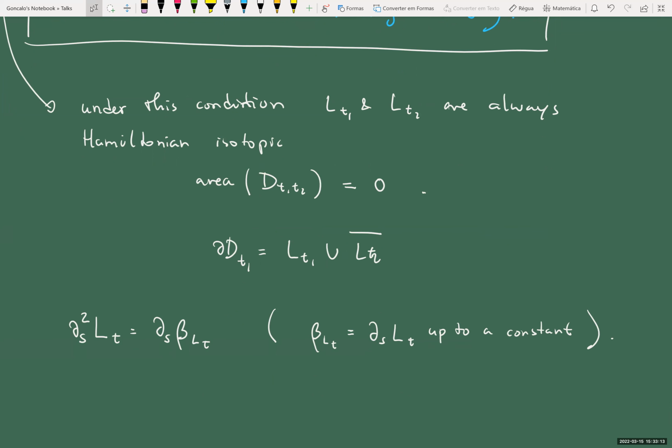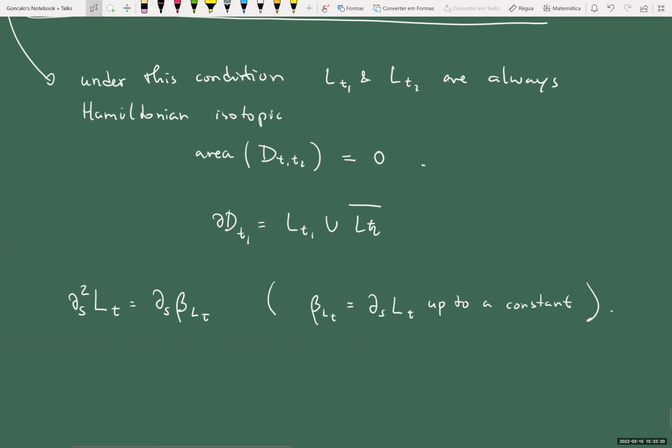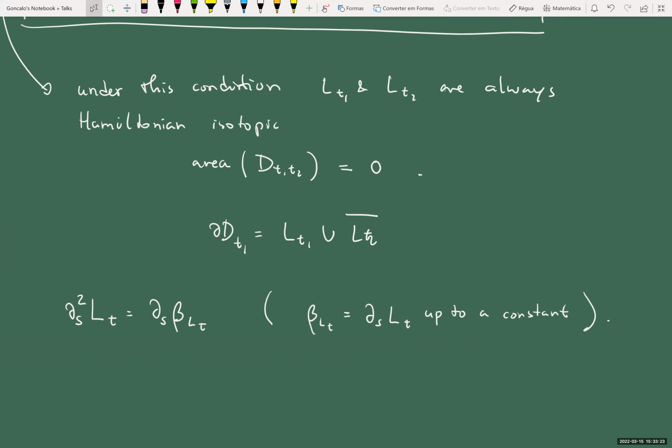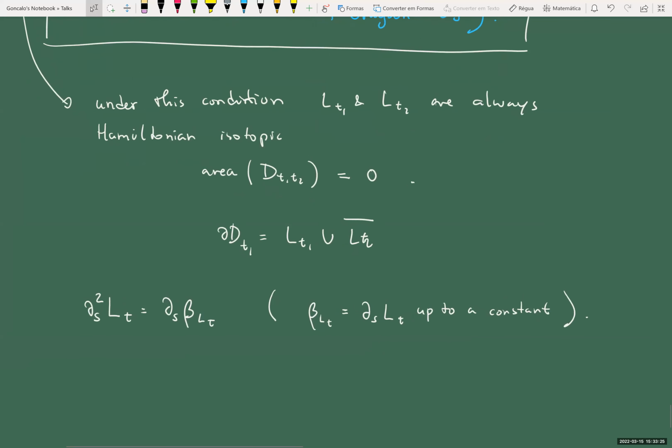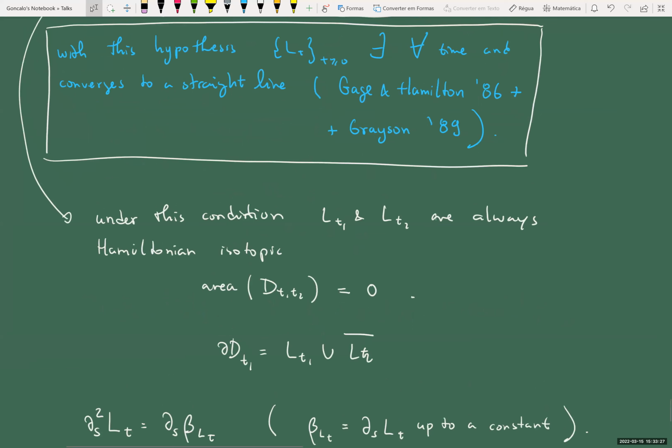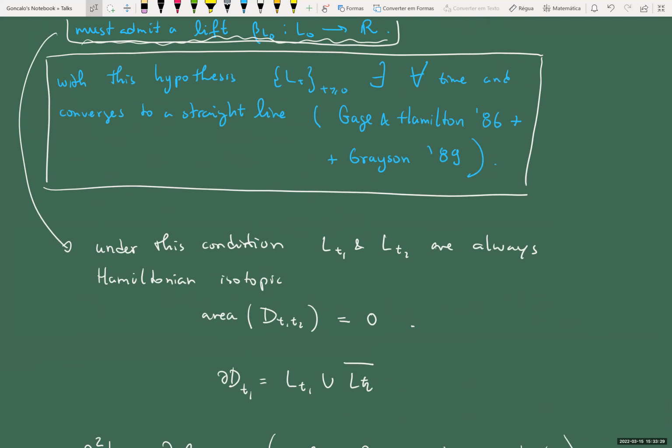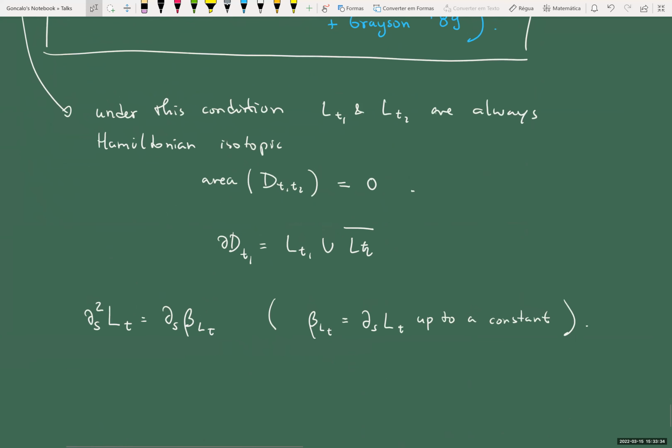Exactly, yeah. These are all things that are very key in proving Gage-Hamilton and Grayson's results. Are there other questions? Oh, there is nothing more.